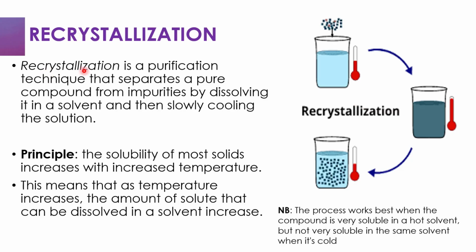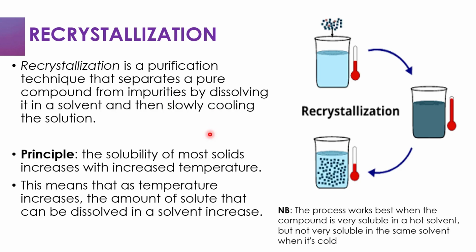First of all, recrystallization is a purification technique that separates a pure compound from impurities by dissolving it in a solvent and then slowly cooling the solution. The principle here is that the solubility of most solids increases with increased temperature.